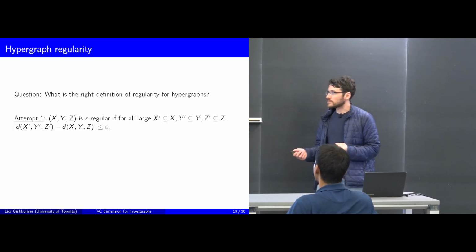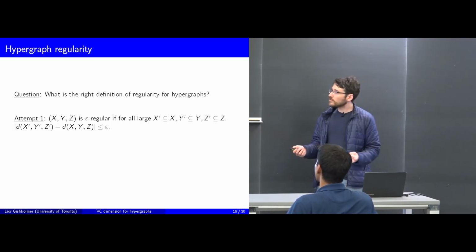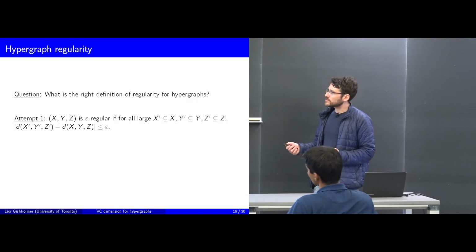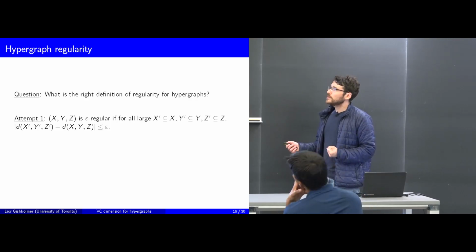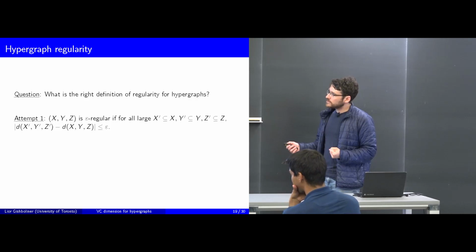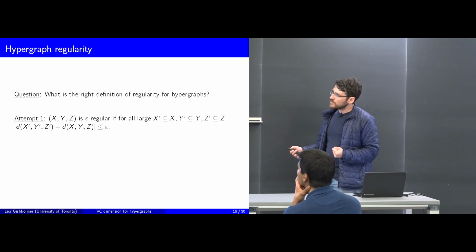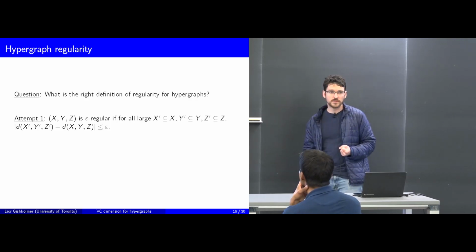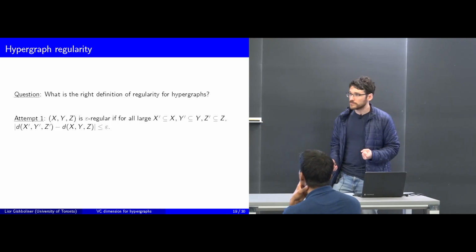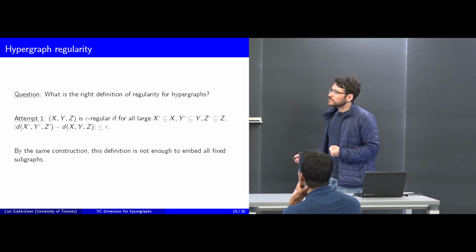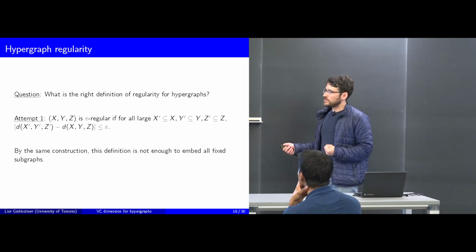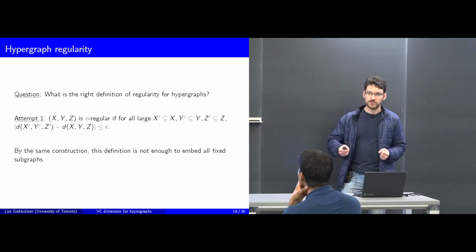The natural way to go is to say, okay, when is the hypergraph XYZ regular? If whenever I take big subsets x prime in x, y prime in y, z prime in z, the density of x prime, y prime, z prime is roughly the same as that of x, y, z. Okay. Now the problem is that this doesn't guarantee that the hypergraph contains whatever you want, right?